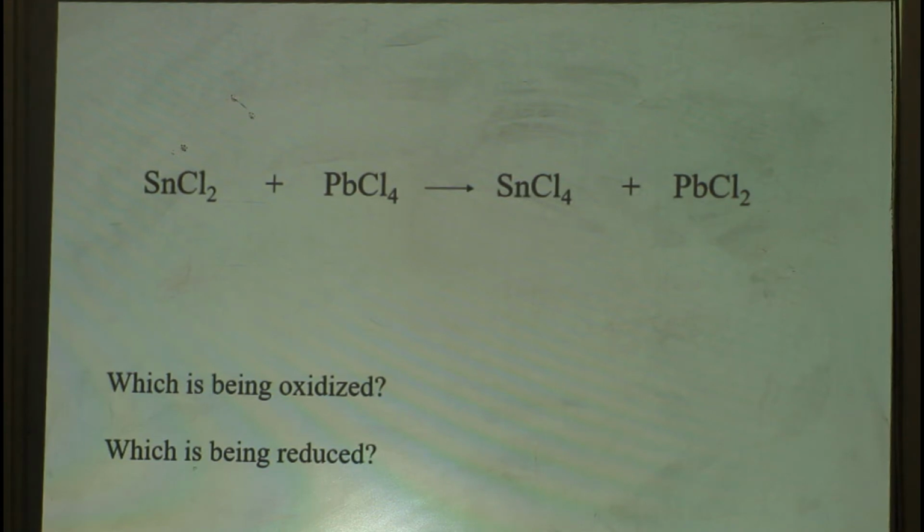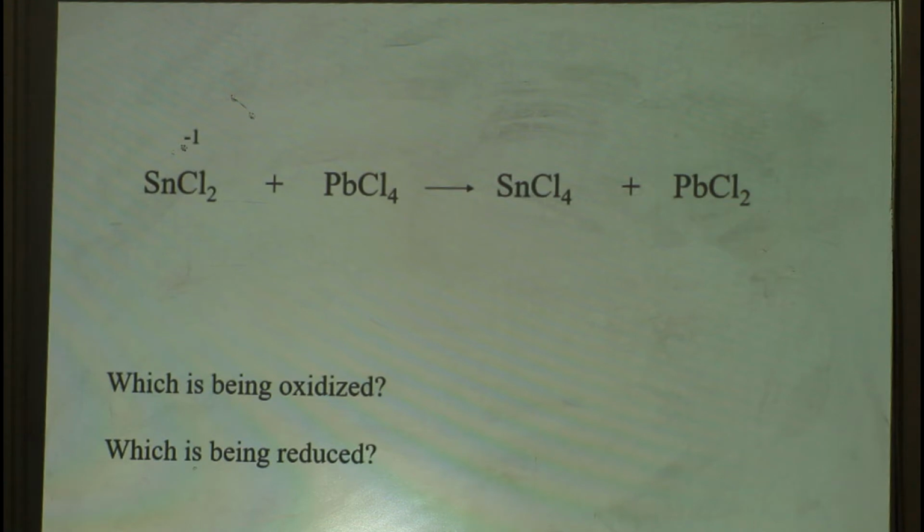Now let's look at an example of a redox reaction. Now we have tin chloride plus lead tetrachloride to produce tin tetrachloride plus lead dichloride. Now, which is being oxidized? Which is being reduced?